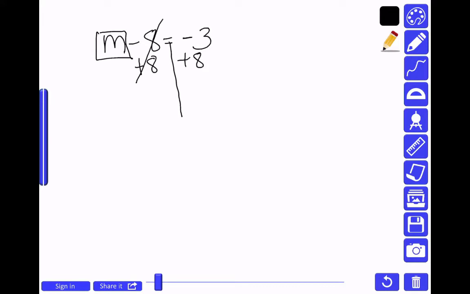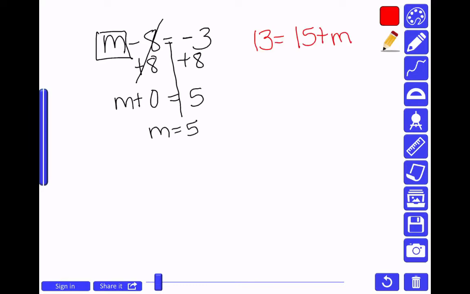Negative 8 plus 8 is 0. I'm going to go ahead and write this here. So this is now m plus 0 equals negative 3 plus 8 is 5. Now this plus 0 is not necessary, but I just want to remind you that that inverse operation does cancel to be 0. So now m equals 5.